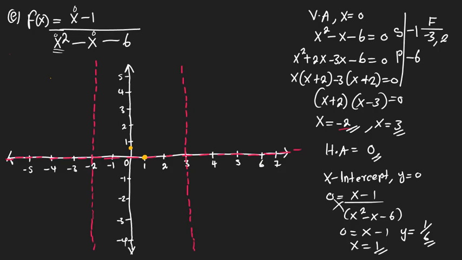Vertical asymptote, we found. We can deal with this one first, this one here. For this one, where x is equal to 3, the number above 3 is going to be a 4, and a number below 3 is going to be a 2.